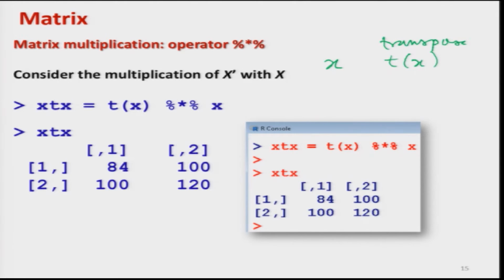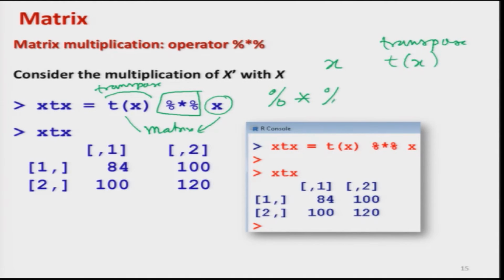Now I am multiplying the transpose of matrix X with matrix X, and you can see this is the operator. This is a matrix and this is a matrix. So when you multiply a matrix by a matrix of suitable order, you have to use the operator percentage, multiplication and percentage.